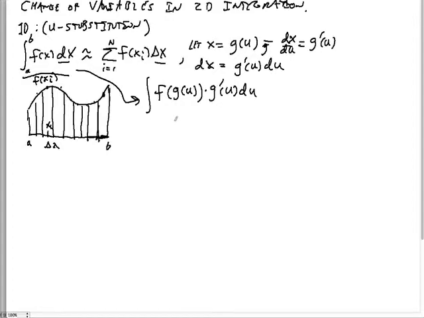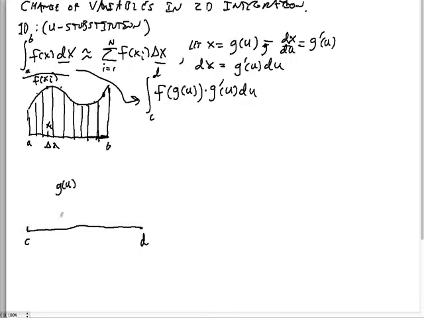Before we do that, though, we have to also find new limits of integration, which I'm just going to call c and d. So the idea is we have some function, I'm going to call it g of u, over some other interval now, c and d.